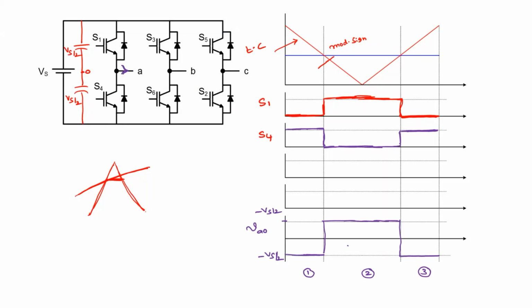Which device is actually conducting here? This is D1 and this is D4. Which device is actually conducting here, if the current is positive?